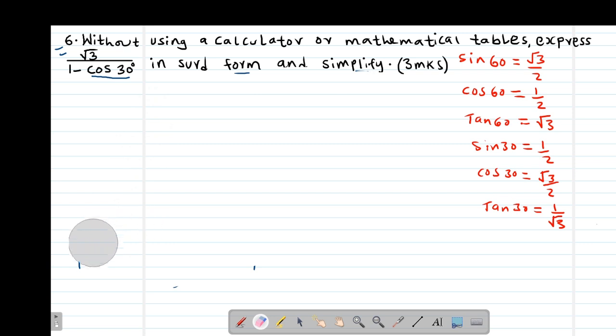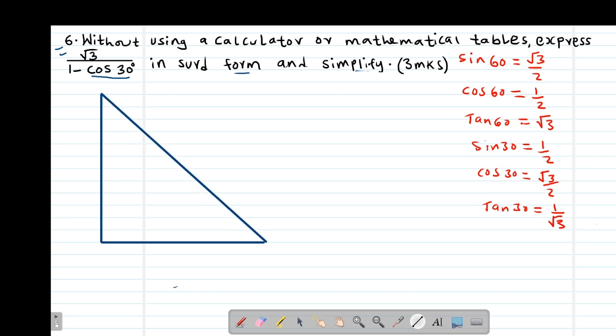Then the other triangle that we shall also need is what we call an isosceles triangle, having 45 degrees as the base angles. So we can also consider this isosceles triangle here. We have this side, then this side, then I can complete it with this other side here.